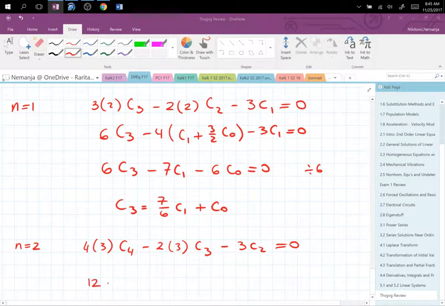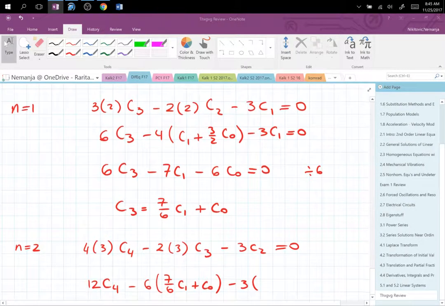So that's 12 c4 minus 6 times, and c3 is 7/6 c1 plus c0, minus 3 times, and c2 is c1 plus 3 halves c0 equals 0.